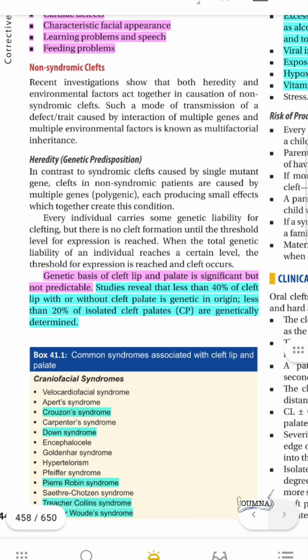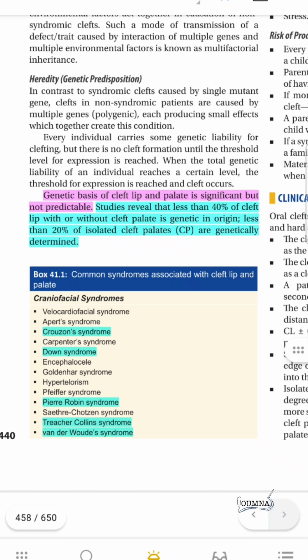There are some genetic numbers that must be taken into account. About 40% of cleft lips, with or without cleft palate, are genetic in origin. But only 20% of isolated cleft palates are genetically determined.